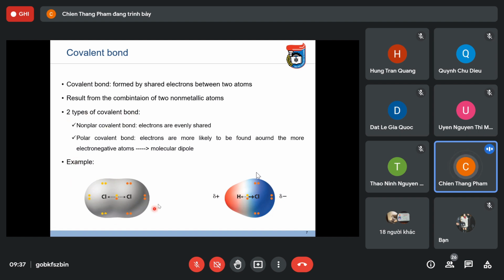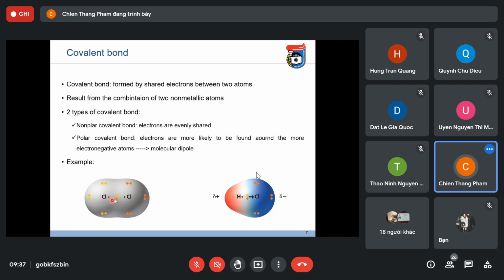One example is chlorine gas. The chlorine gas is composed of two chlorine atoms. The two chlorine atoms share one electron pair, and the electron pair is evenly shared between the two chlorine atoms. The distance from the electron pair to the two nuclei is the same.